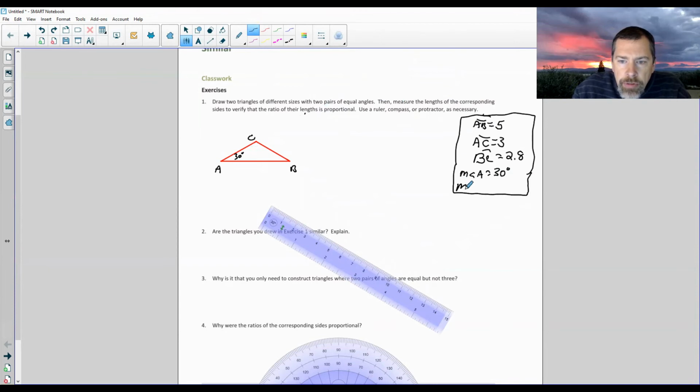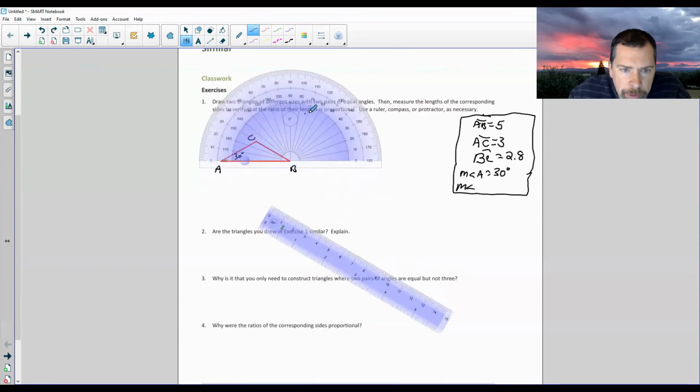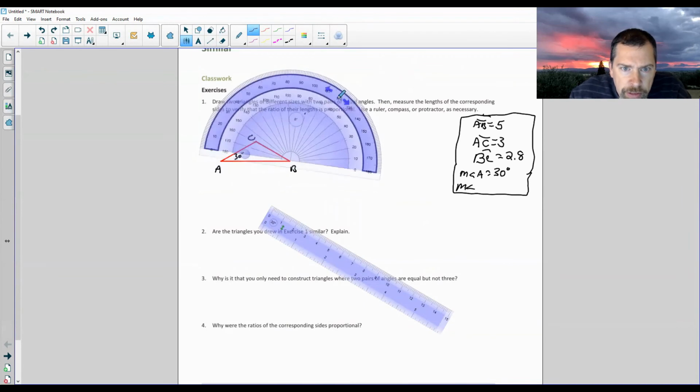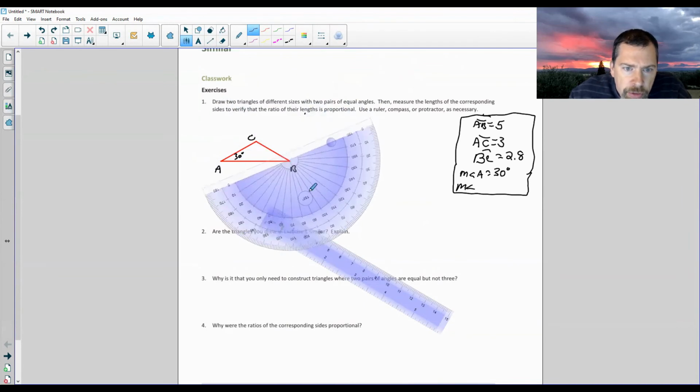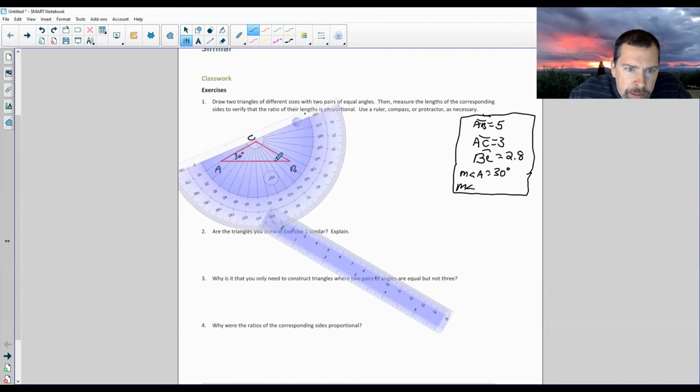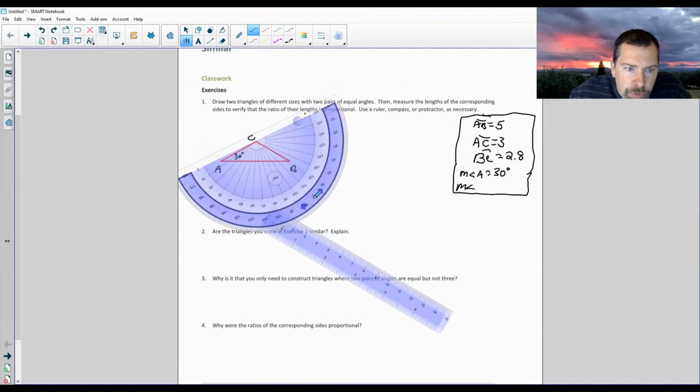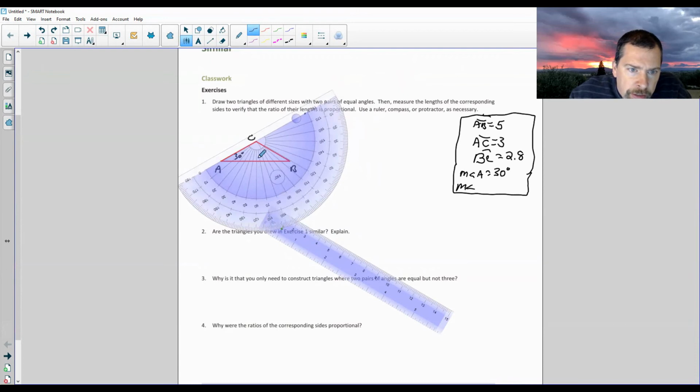Now I'm going to measure another angle. How about B? Or actually, let's do C because it's obtuse. So I put my protractor at C, with the crosshair at C. I'm going to rotate it so that the 0 line is on CA, and then I measure out.